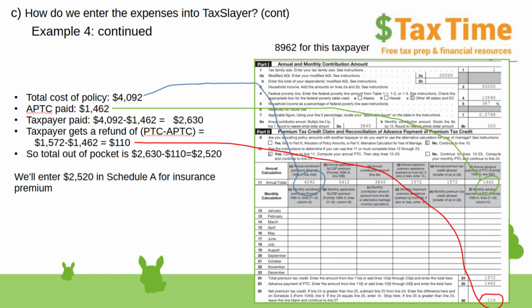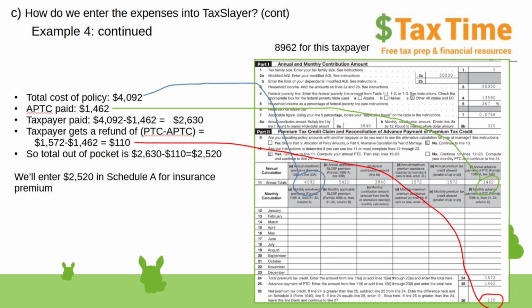That's how much it costs for this insurance policy. The green line shows the amount of advanced premium tax credit that got paid, $1,462. So the taxpayer was stuck paying the rest. So the taxpayer actually paid throughout the year that 4092 minus 1462, or 2630. So that's how much the taxpayer paid.